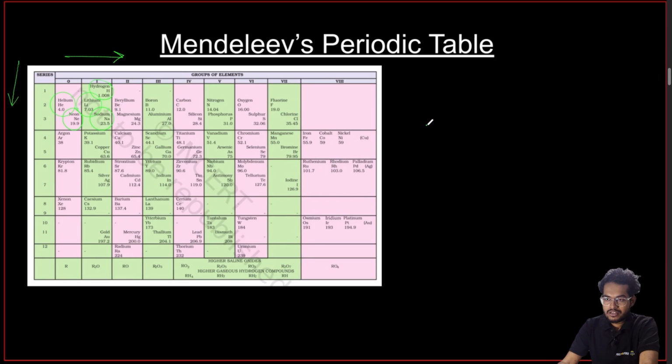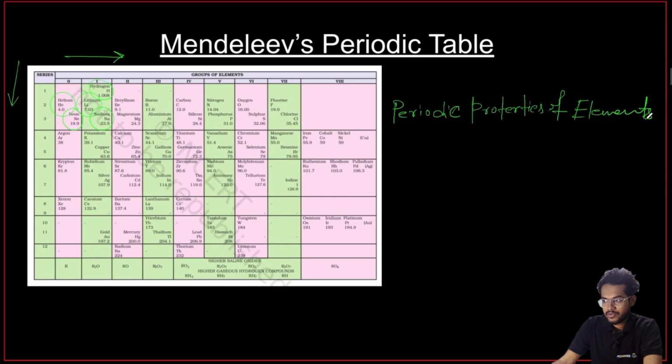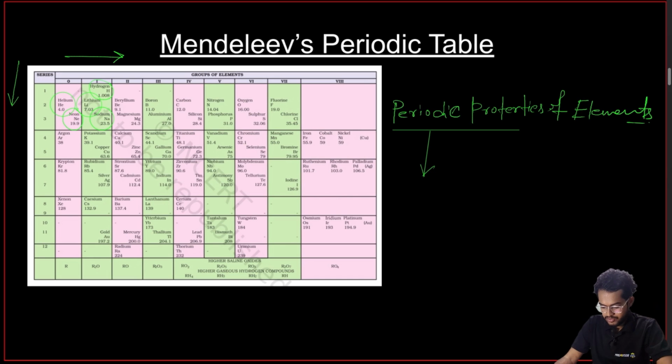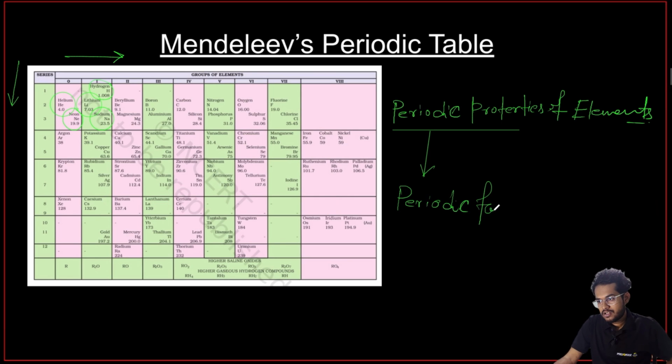But what Mendeleev mainly used to design this periodic table is one fundamental law: periodic properties of elements are a periodic function.